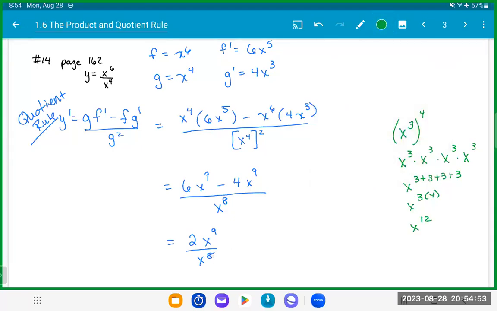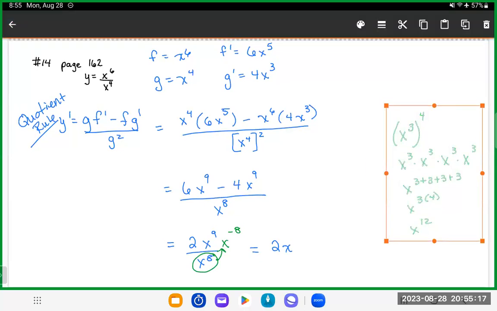We can use that handy dandy trick to move this up into the numerator. So that's like saying X to the negative 8. And so that then gives me 2X as a solution, because 9 minus 8 is 2. I mean, it's 1. Sorry. Questions?